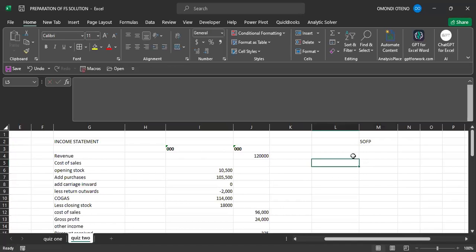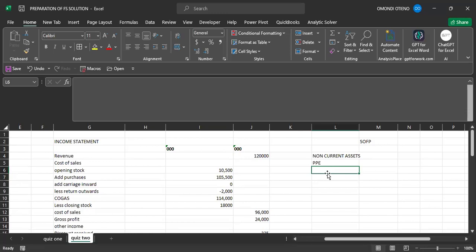So we should be able to have non-current assets. So non-current assets, we're supposed to have PPE. Then we have intangible assets.